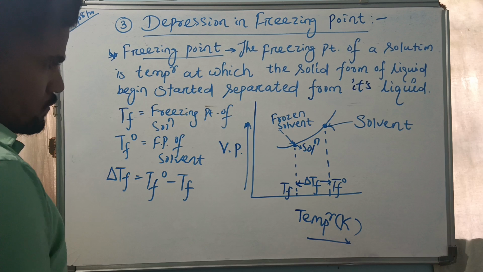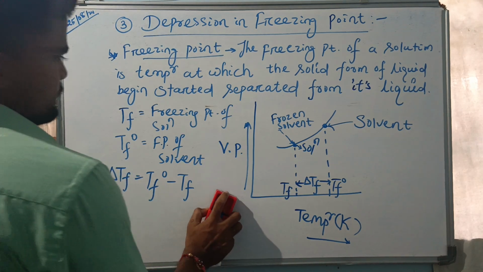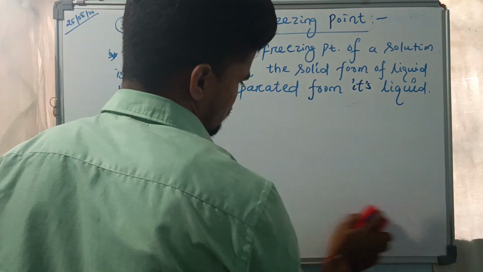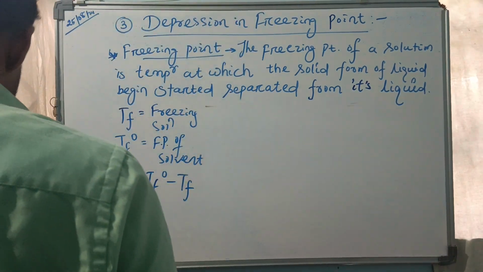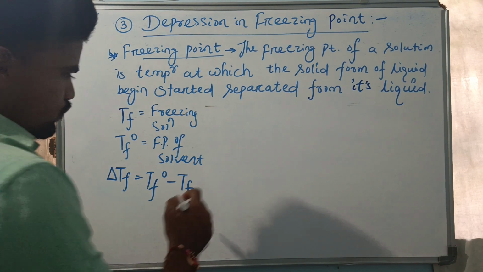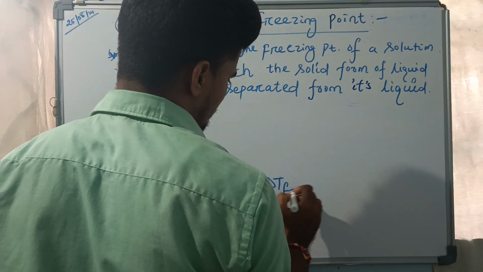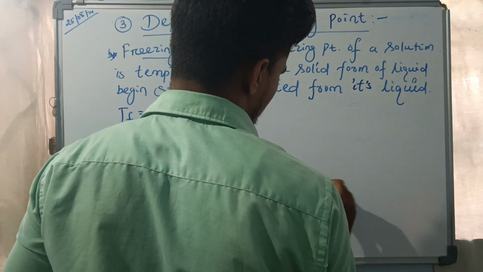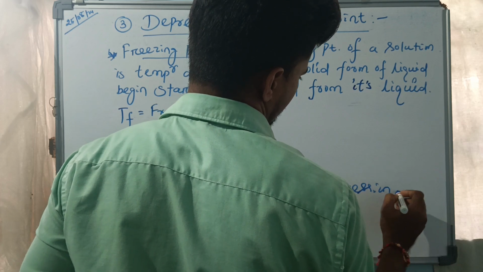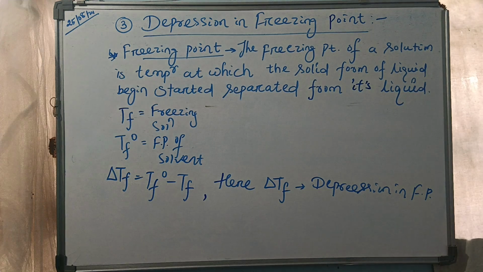Okay, and in this case, what is Delta Tf? Delta Tf is the depression in freezing point. Clear?